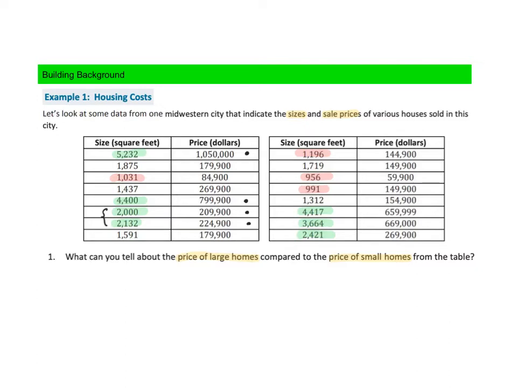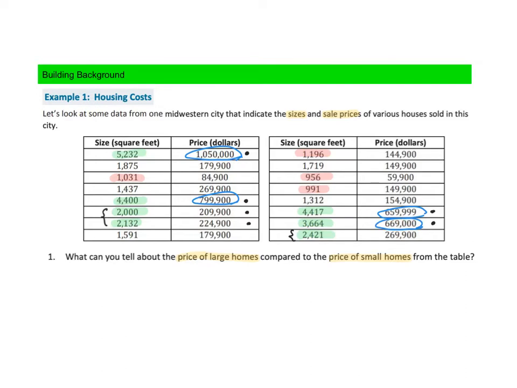And then we have a 4,000 one, which is 650,000. This 3,600 square foot is 670,000, and again this one's only 2,000 square feet. So I'm going to look at these ones right here. So I have $800,000, almost $1 million for this home, 660 and 670. So those are really big prices.